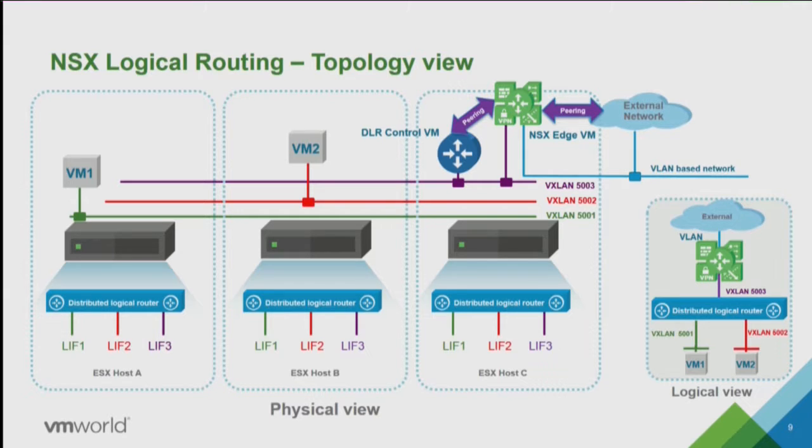So we find exactly all those leaves that exist on my DLR on each and every one of those hosts, in fact. And we see that the DLR control VM is on the same network as the ESG to be able to exchange information there. So that's really fully distributed.